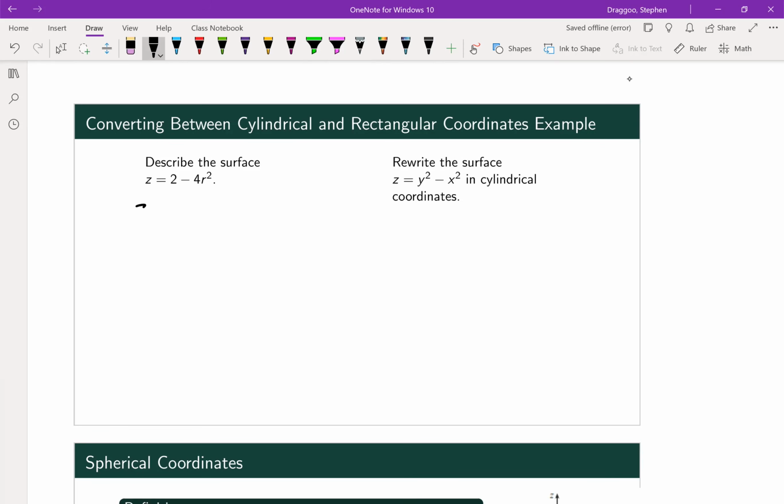For starters, we'll have z equals 2 minus 4 times r squared, and we know r squared is x squared plus y squared. So we'll substitute that in, which gives us the equation z equals 2 minus 4x squared minus 4y squared. And we want to describe what that surface looks like.